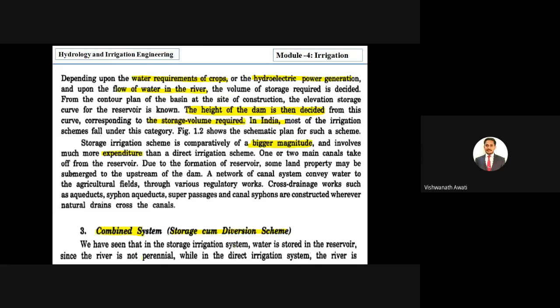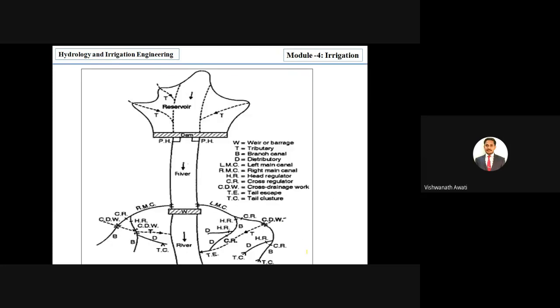So here water is stored when a river is not perennial, while in the direct irrigation scheme the river is perennial. So here you can see, first here it is a river, here it is a river. What they did, first water will be stored. So it is water storage cum diversion, water will be stored in the storage area.